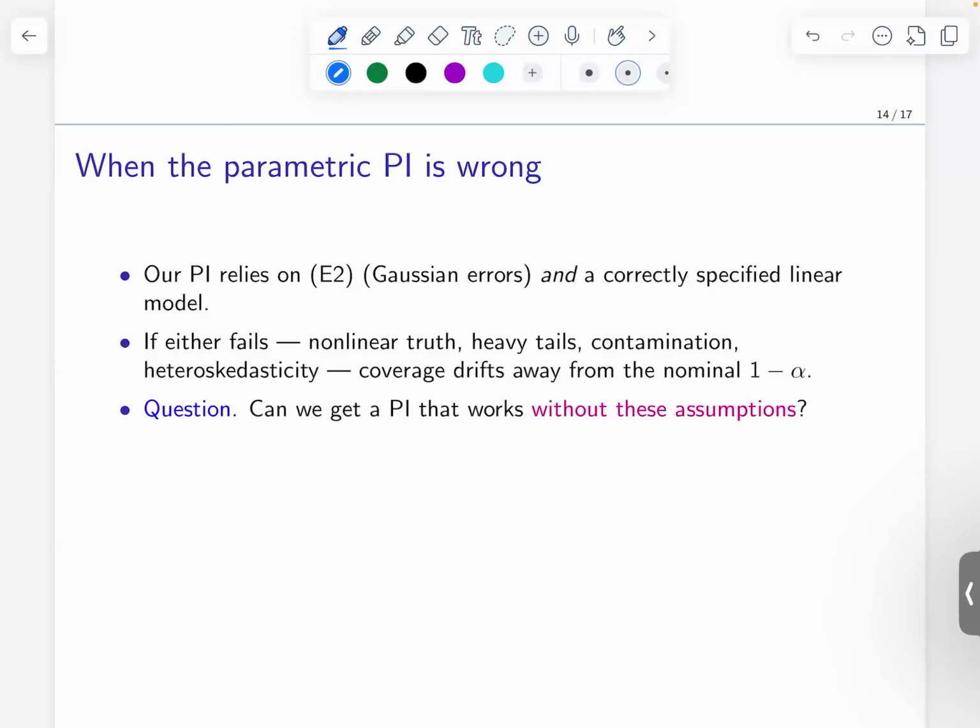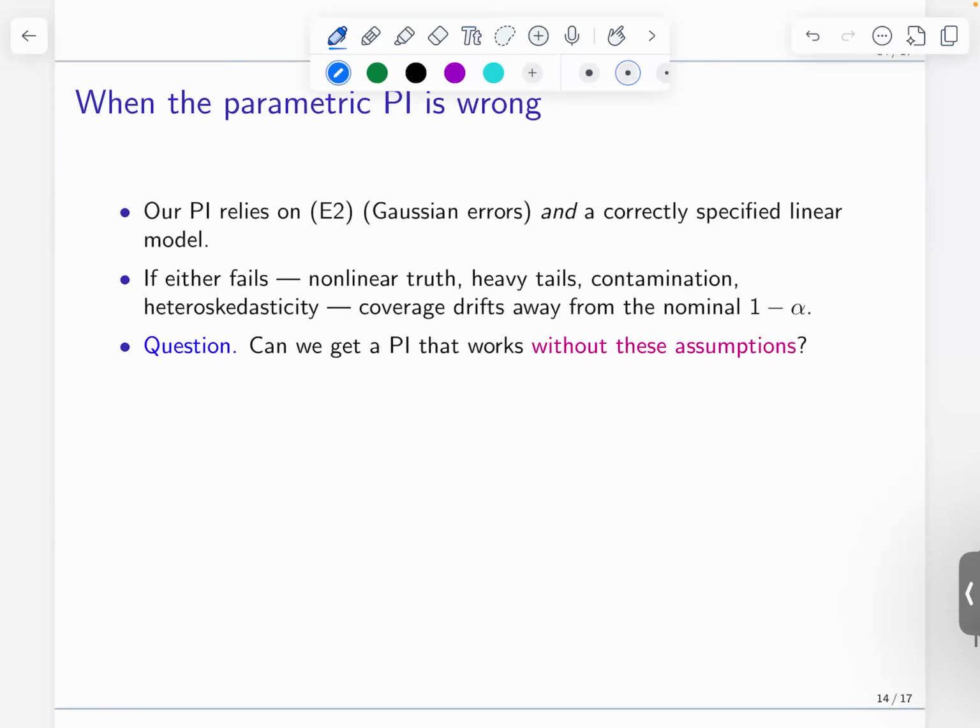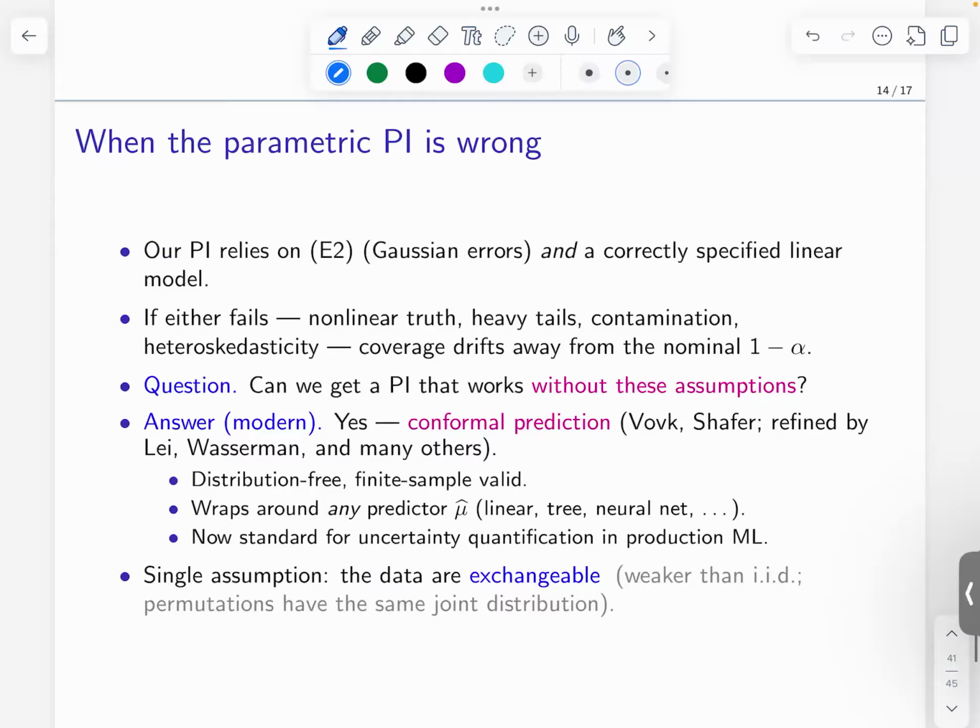So can we get a prediction interval that works without these assumptions? That's the modern take, and there's a very interesting idea: let's make minimal assumptions. If you make minimal assumptions, your conclusions wouldn't be as strong, but surprisingly, there's a very interesting way of doing this. The answer, which people are now very much using, is conformal prediction.